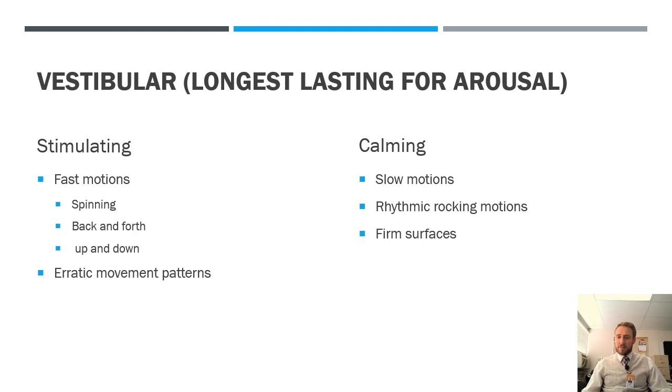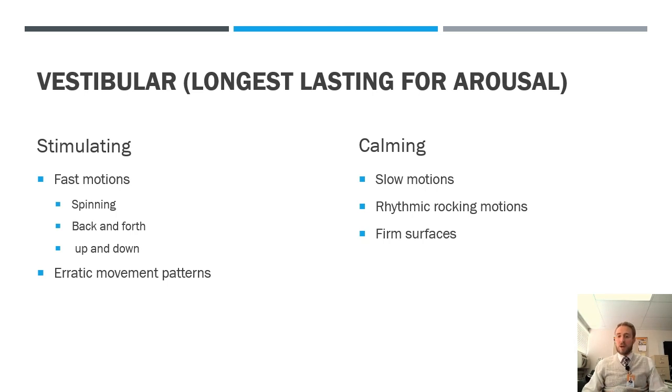So hopefully a lot of this makes sense, right? If you're trying to stimulate someone's vestibular system, you're going to do fast spinning motions or fast back and forth, fast up and down. That's going to get that system to activate in all kinds of directions, and it will be stimulating to them. Also, if you're erratic, so if you're moving kind of here and there and you don't really have a specific pattern, that can be really stimulating.